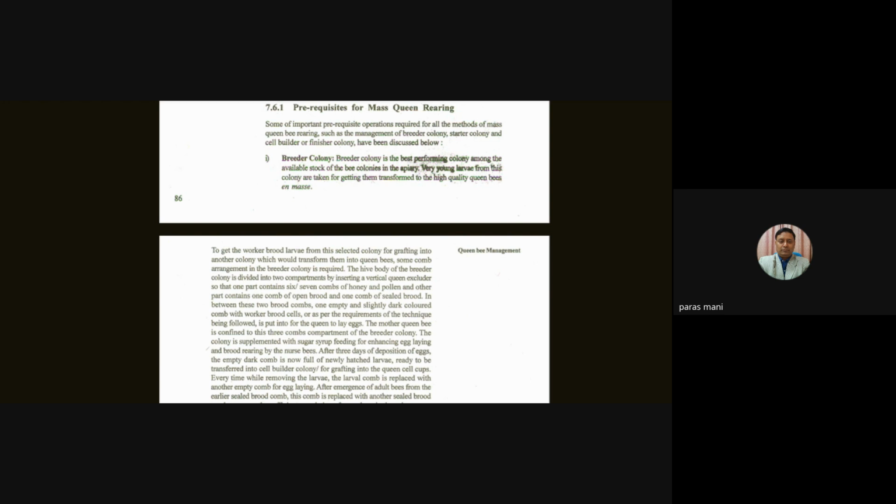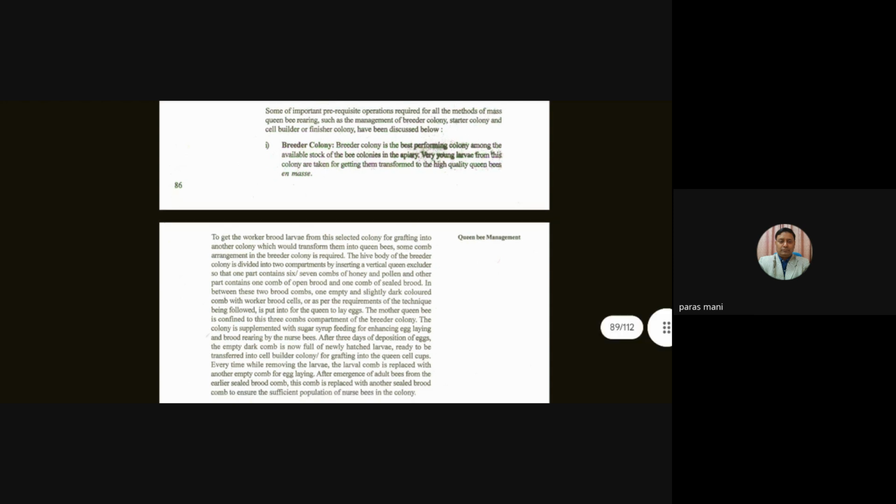The best performing colony will be selected as a breeder colony. Very young larvae from this colony are taken and transferred to produce high quality queen bees.